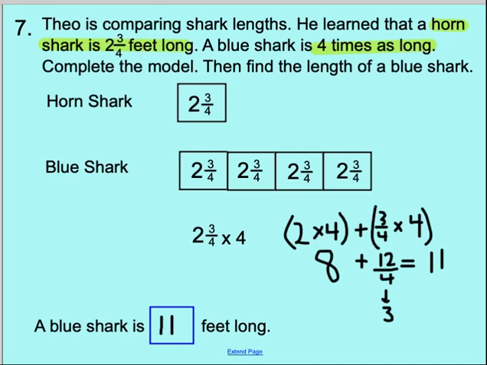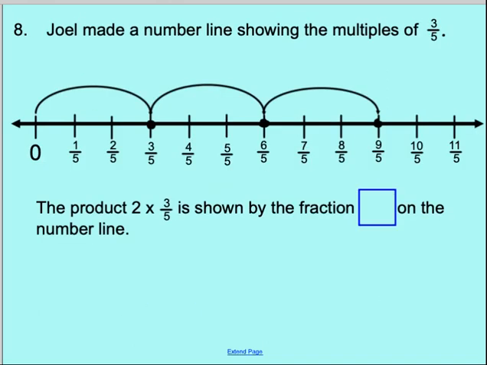Number 8. Joel made a number line showing the multiples of 3/5. Okay, so we've got a number line starting at 0, going to 11/5, but noticing though that the hops are not going to 11/5. The hops actually stop at 9/5.